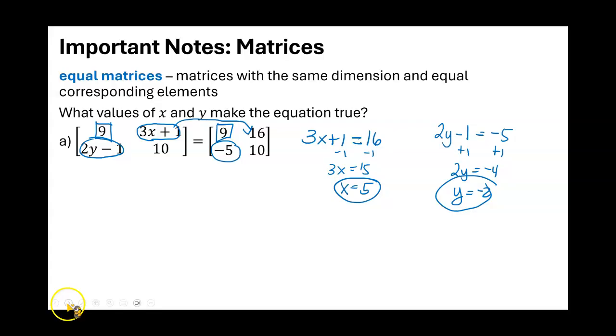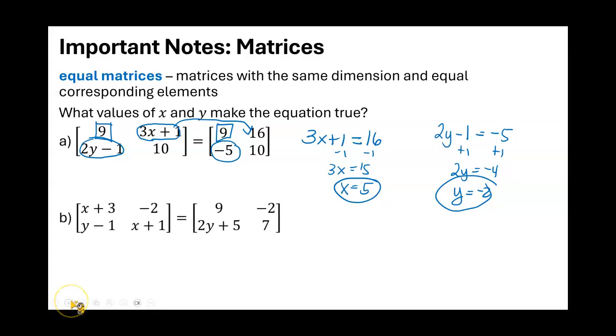All right. Let's have a second example. In this case, you still have x and y, but they are showing up in multiple places already. So for example, if you're going to decide on how to solve for x, it doesn't matter which part you choose. Either you choose this or you choose this, that's totally fine. What matters is you are going to set the correct equation. Let's say we use the x plus 1 element.